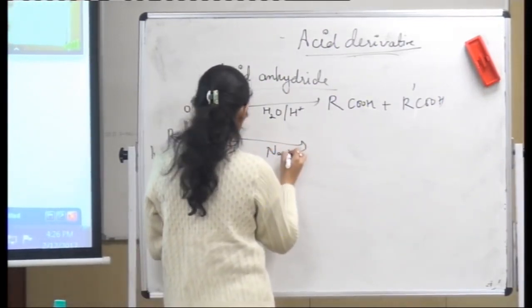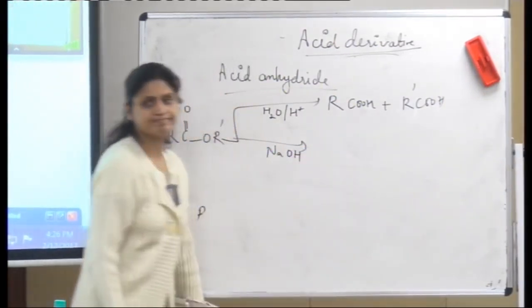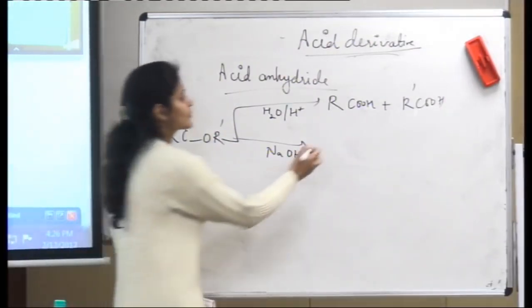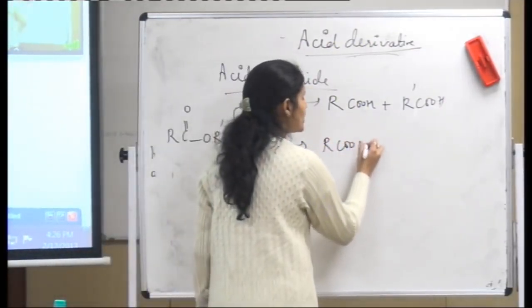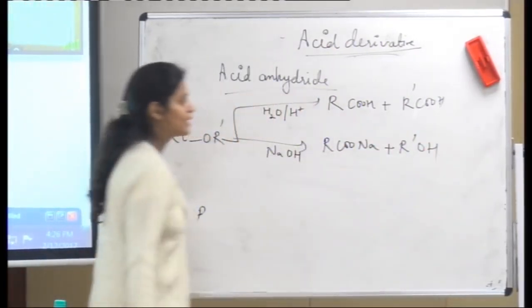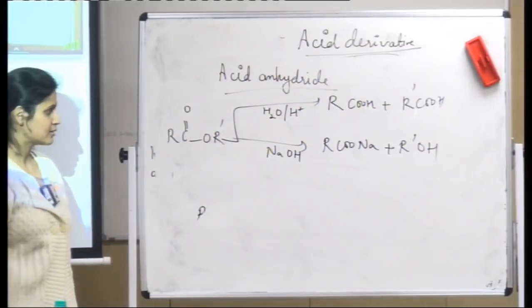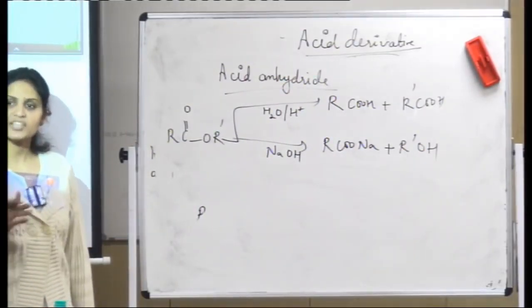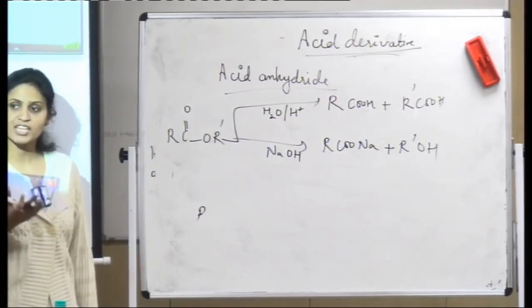What would be the reaction with NaOH? Again, it will form the sodium salt of acid. It will form alcohol and acid. This is actually the reverse of the esterification reaction, right? In esterification reaction, what do you do?